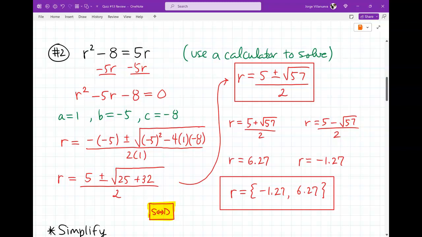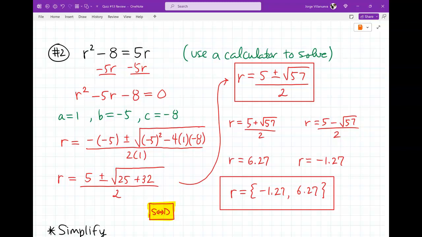So if it just says solve, you can leave it like that, like the top box. If they say solve by using a calculator and round, that means you have to use your calculator and find the decimal answers. So it could be like the bottom box as well. Okay, so like I said, yesterday's homework had a little bit of everything, right?